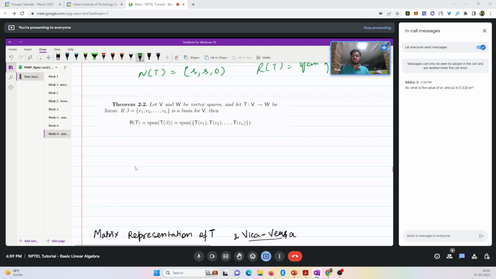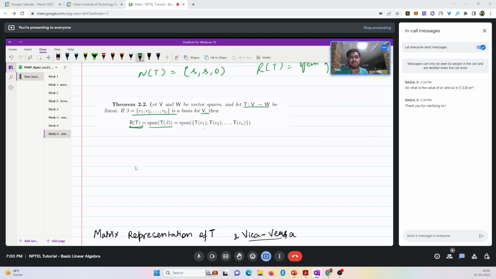So this is the theorem that I just mentioned to you while solving the problem. Let's say you have a linear transformation from V to W, and beta is a basis for V, that is, it contains V1, V2, up to Vn. Then the range space of T is given by the span of T of V1, T of V2, up to T of Vn.